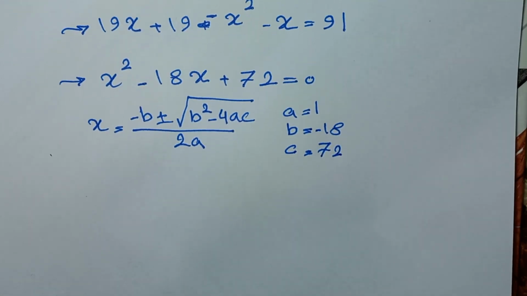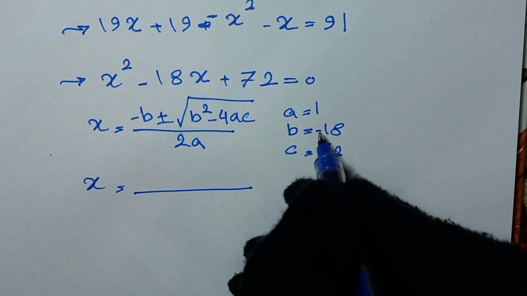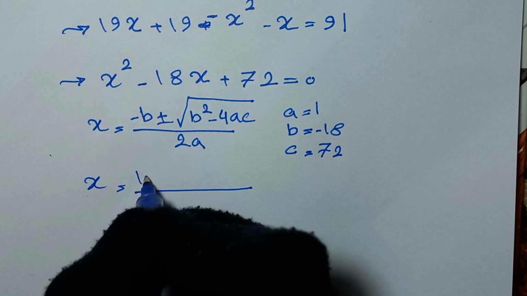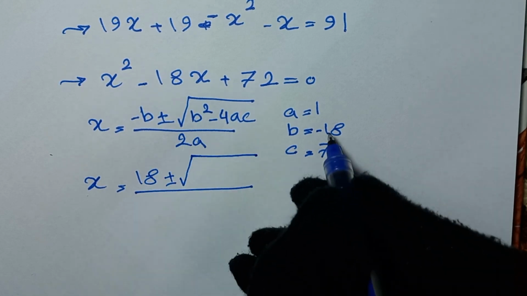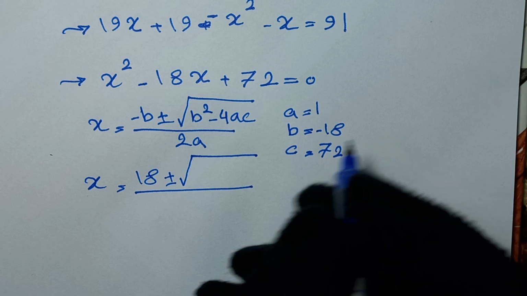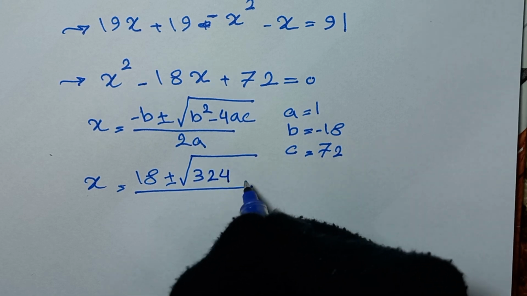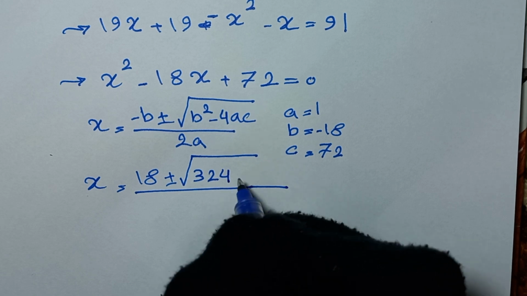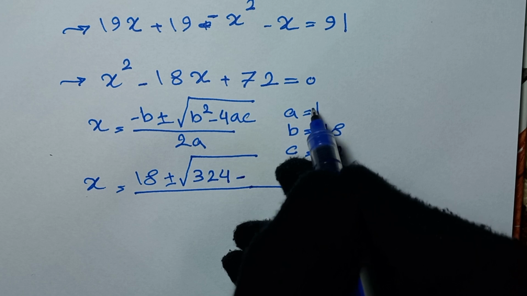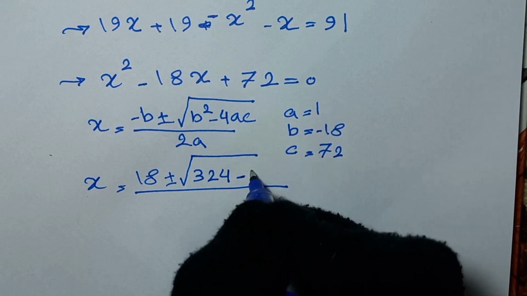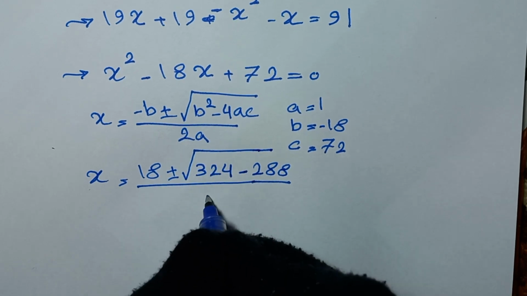So in the next step, x is equal to negative b, negative 18, it will be positive 18, plus or minus square root of b squared, negative 18 squared, which is 324, minus 4ac, 4 times a is 4, and times 72, it will be 288, and over 2a is 2.